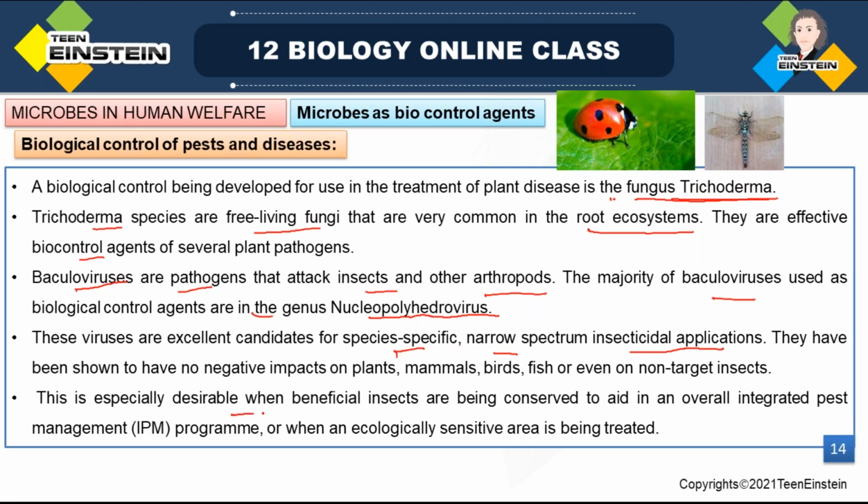This is especially desirable when beneficial insects are being conserved to aid in an overall integrated pest management program, IPM, or when ecologically sensitive areas are being treated.